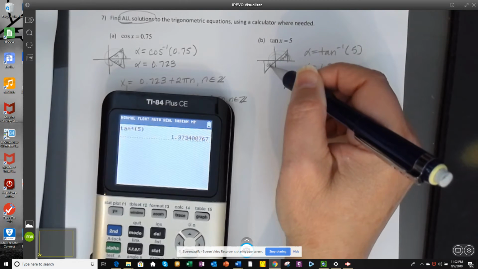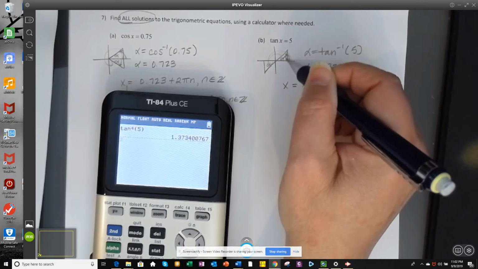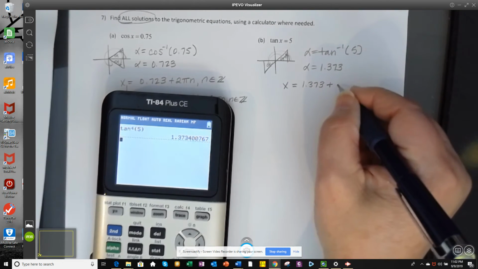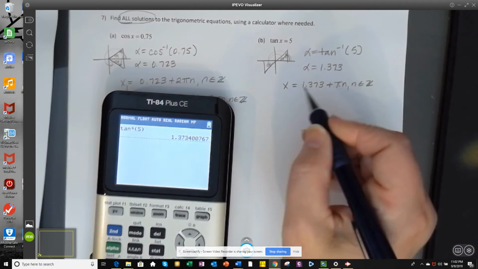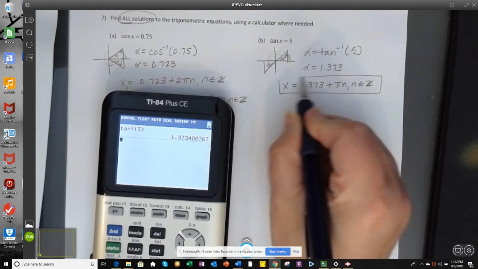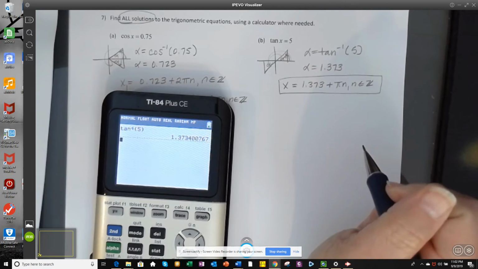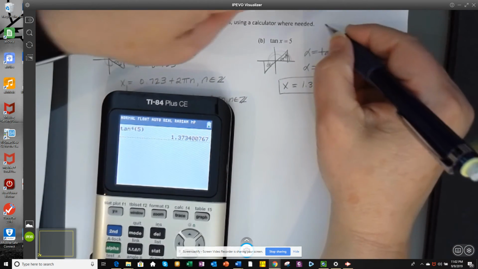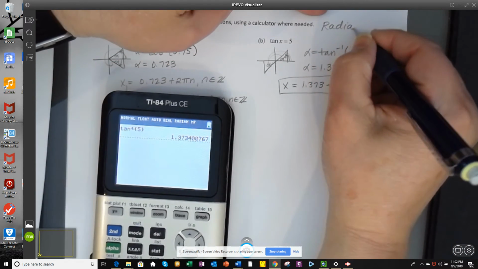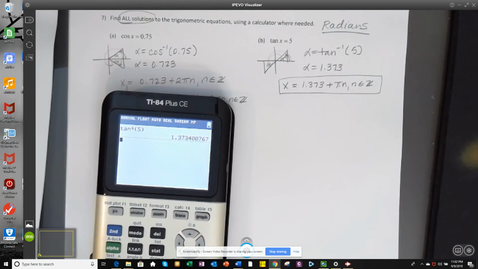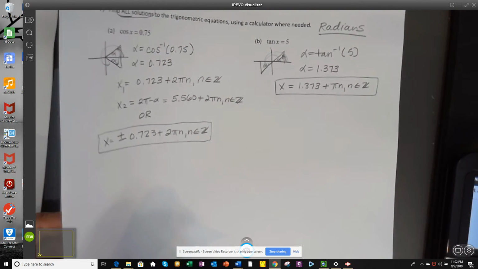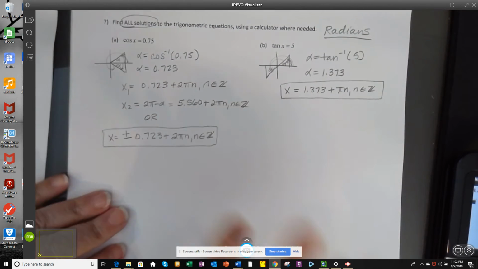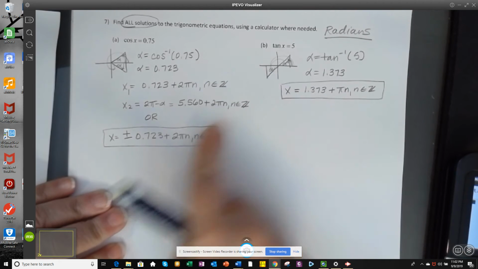And if I added pi to that solution, I would get the next solution. So I can say plus pi n here, n an element of the integer set, and I hit them all by just adding pi n every time. And we're doing radians here. So that's just a refresher on how we would solve in one go round, but then we can also do infinitely many go rounds as we want.